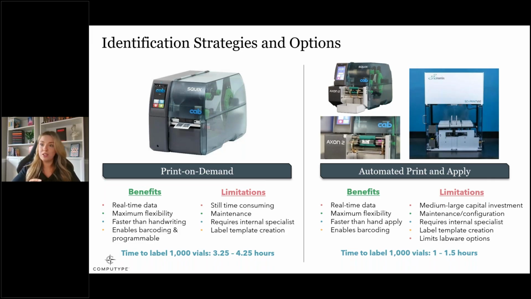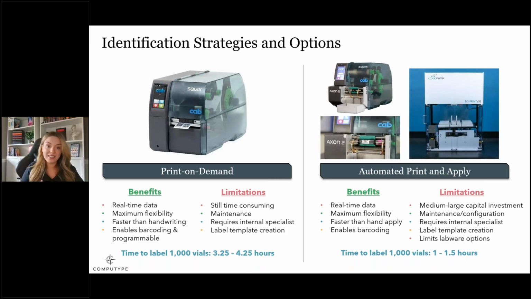Print on demand grants you maximum flexibility. It keeps the control within your lab. It's faster than handwriting onto labware. And it still enables barcoding, and oftentimes these printers are programmable to serve a specific function, like if you wanted barcode replication. The limitation with this method, however, is that it's still pretty time-consuming, and as noted in the poll question, that's definitely one of the concerns.